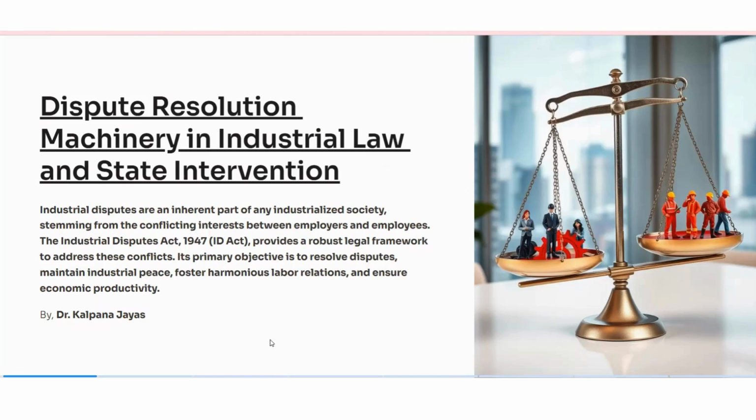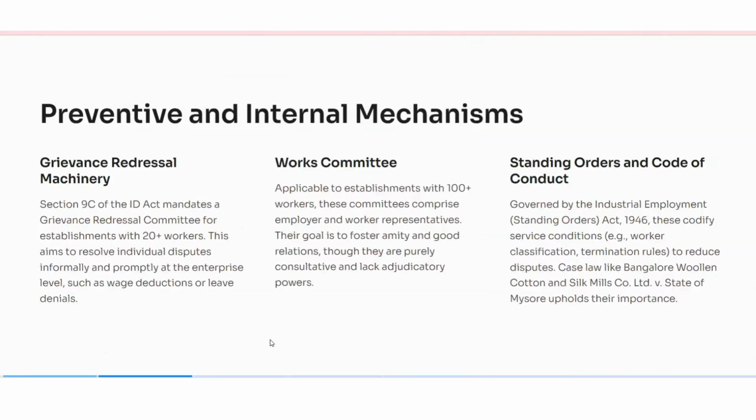Industrial Dispute Act 1947 provides a robust legal framework to address these conflicts. Its primary objective is to resolve disputes, maintain industrial peace, foster harmonious labor relations, and ensure economic productivity. This is the objective of bringing Industrial Dispute Act because its name is Dispute Act.